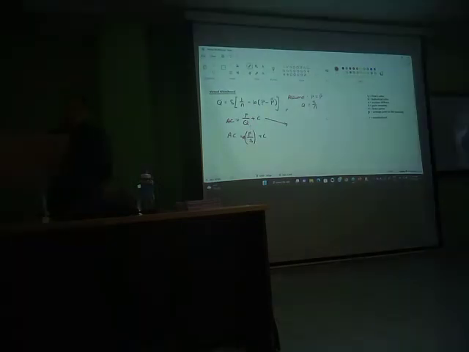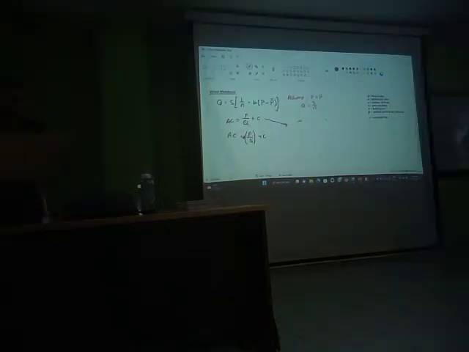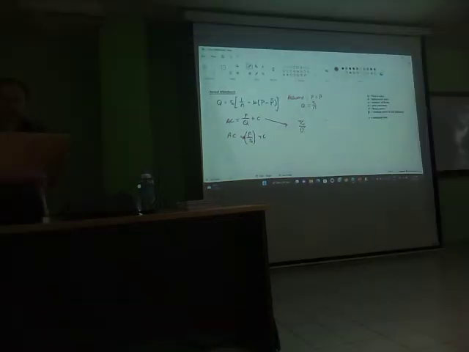Average cost, as you understand, is equal to total cost divided by the quantity, right? This is the formula for average cost. But what we have here is plus marginal cost.